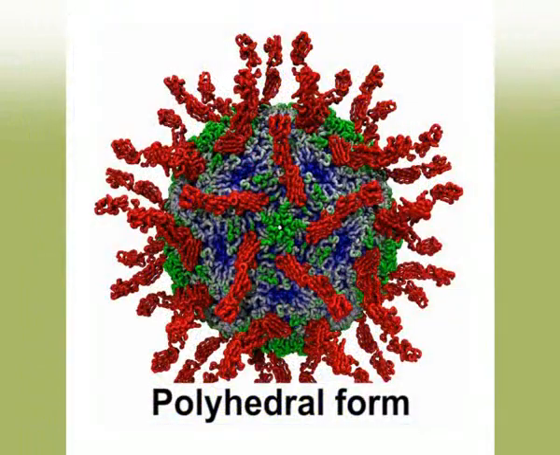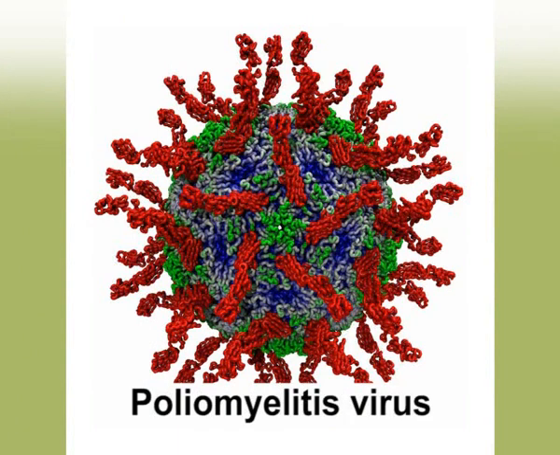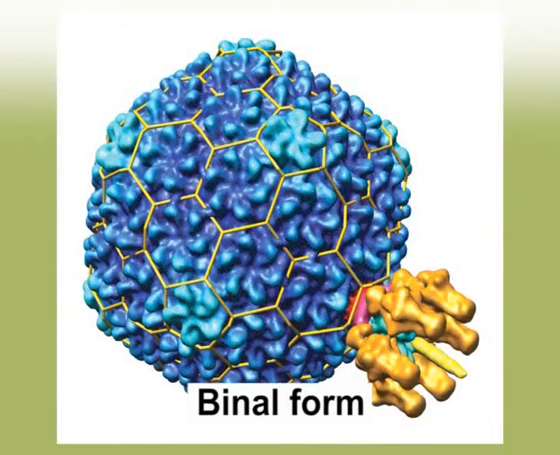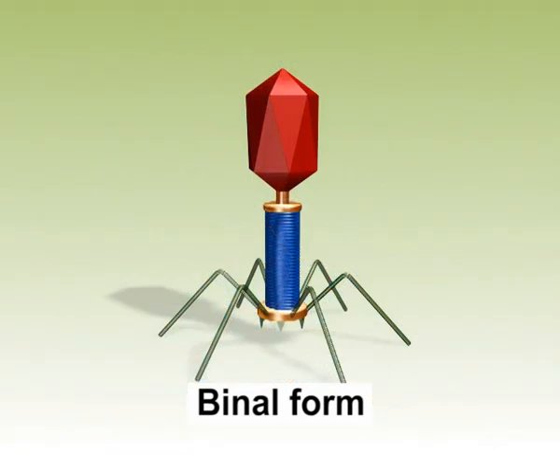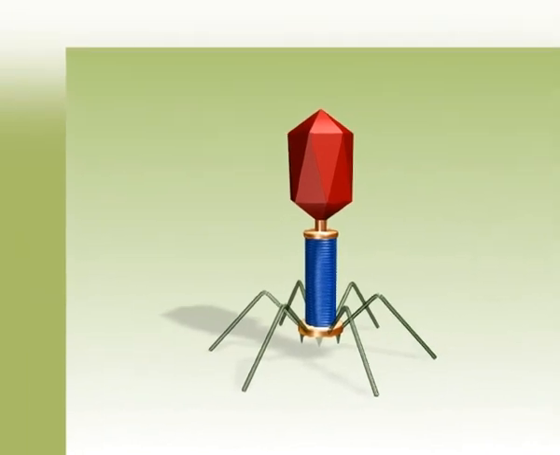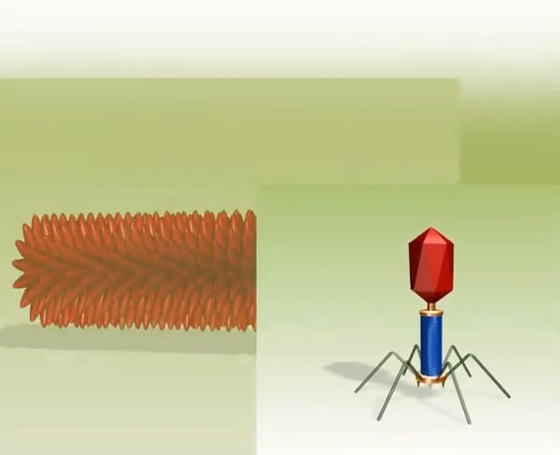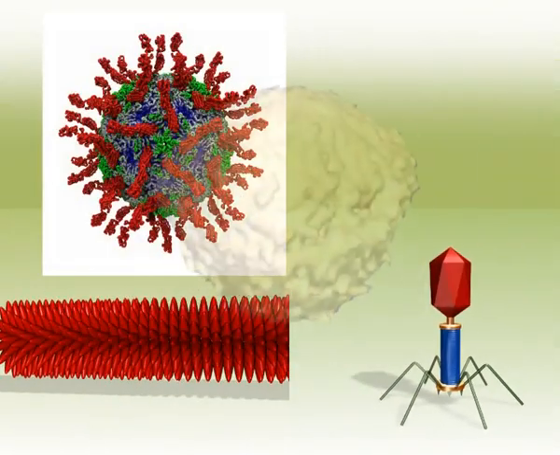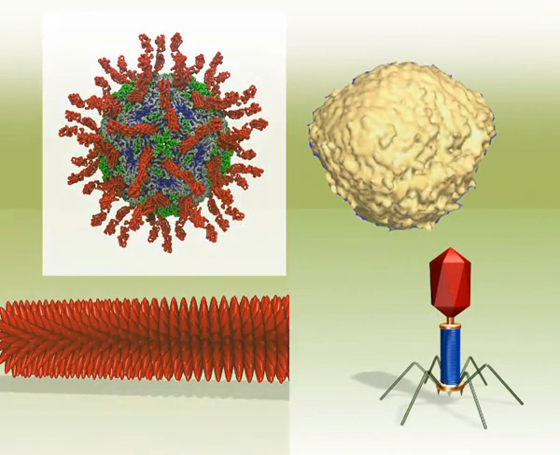Polyhedral form of shape can be seen in poliomyelitis virus. Binal form of virus has both cuboidal and helical parts, such as in many bacteriophages like T2. So, we can say that these viruses vary greatly in appearance also.